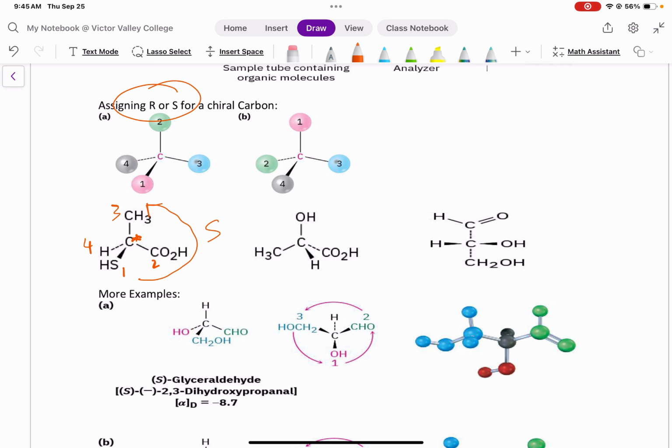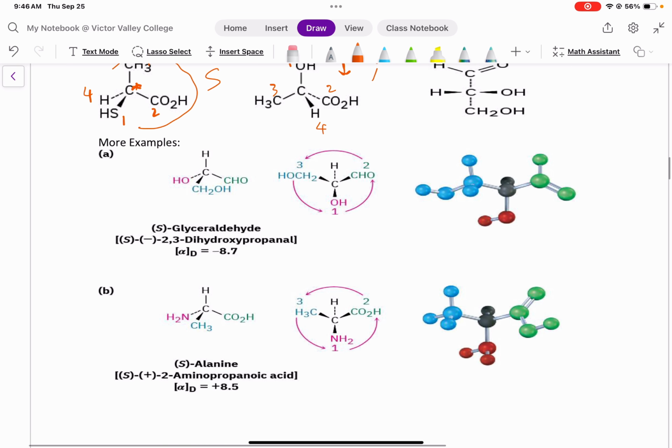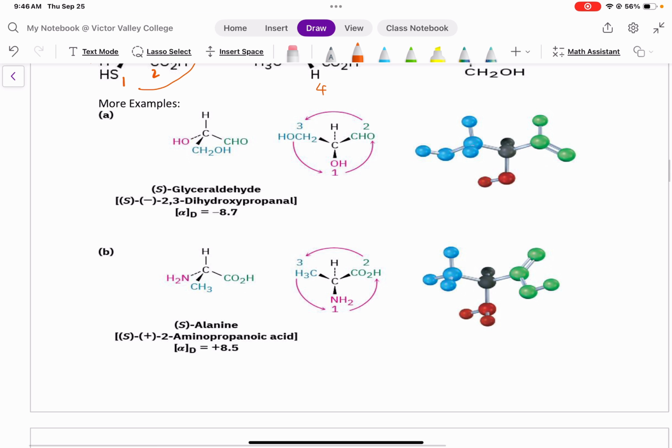Now this one, oxygen is higher, 1, carbon with 2 oxygens is 2, then 3, 4. Notice hydrogen is toward the viewer, so 1, 2 is actually the other way. It's S, right? So you can practice the rest of them, and you can see the answers right there.